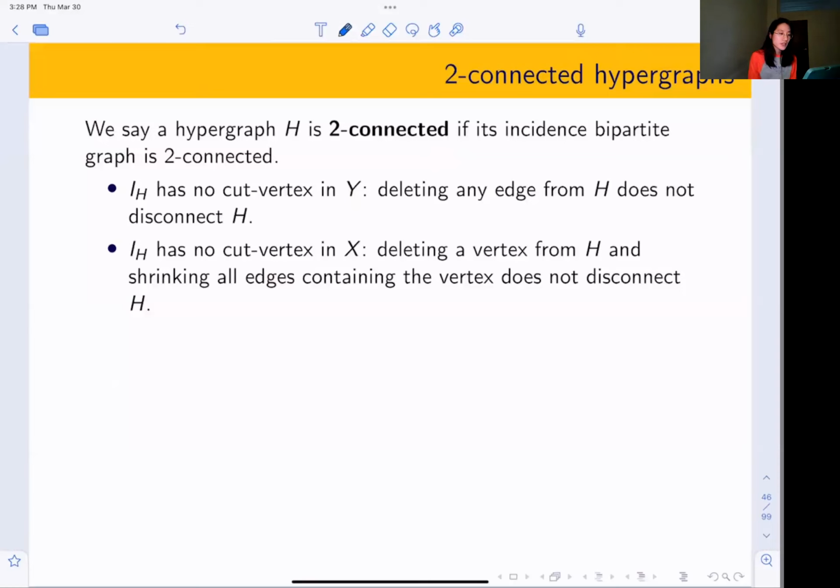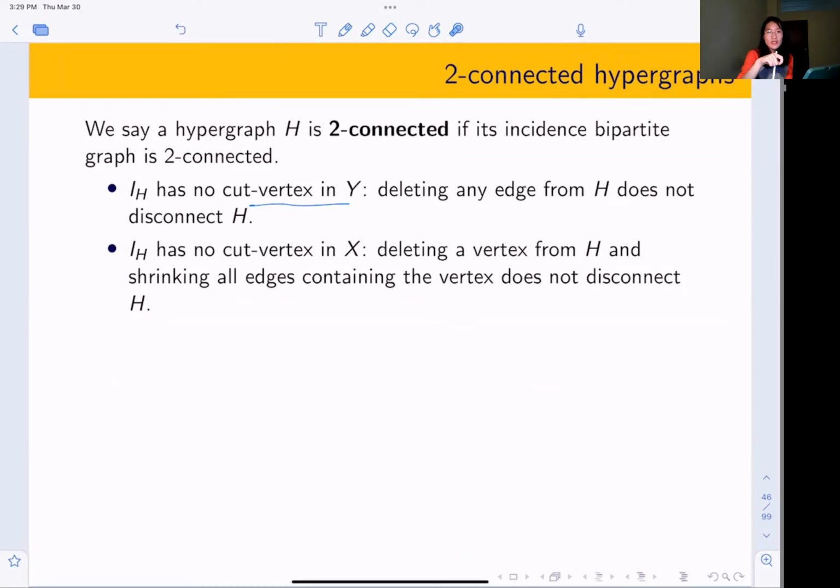So in particular, if this is two-connected, then the incidence bipartite graph has no cut vertex in Y. So Y is corresponding to the edges of the hypergraph. That means if I delete any edge, I don't disconnect the hypergraph. But also, we don't have any cut vertices in X, where X is corresponding to a vertex in H.